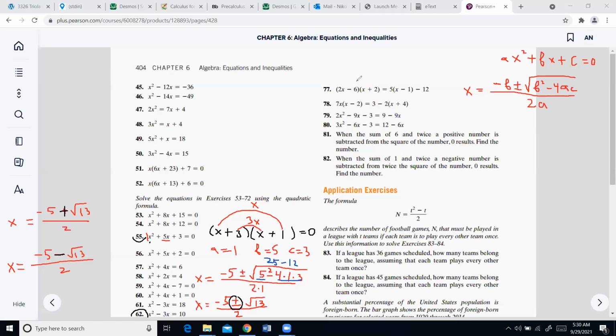Solve exercise number 62. Maybe I'll do it someplace here. It says take the equation x squared minus 3x, and I'll put minus 10 here because I want to produce 0.